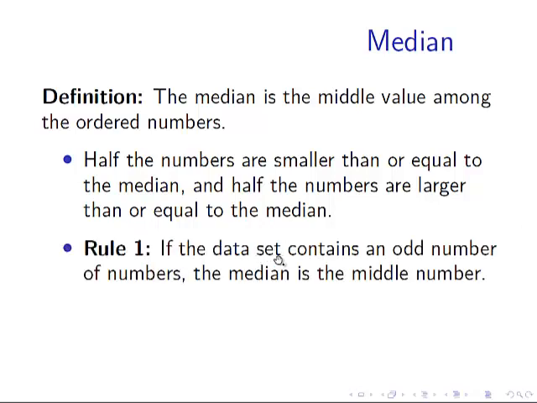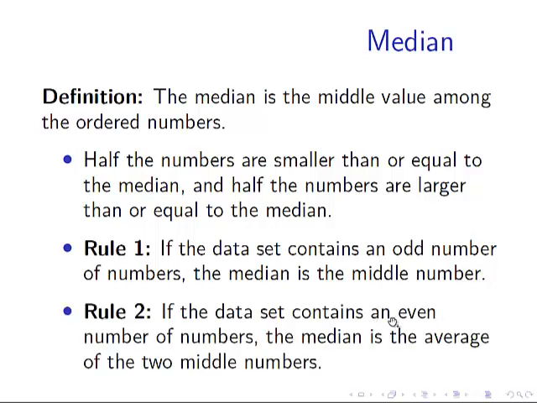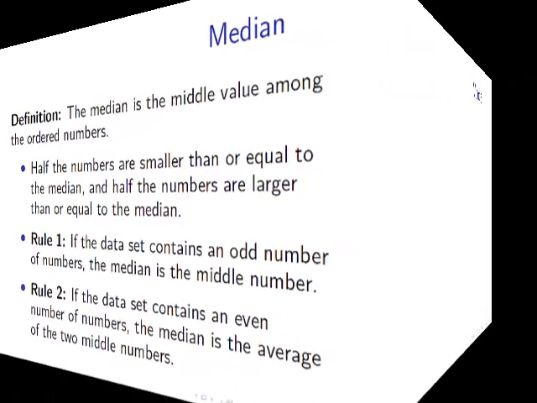If the data set contains an odd number of numbers, then the median is the middle number in the ordered array. If data contains an even number of numbers, the median is the average of the two middle numbers.